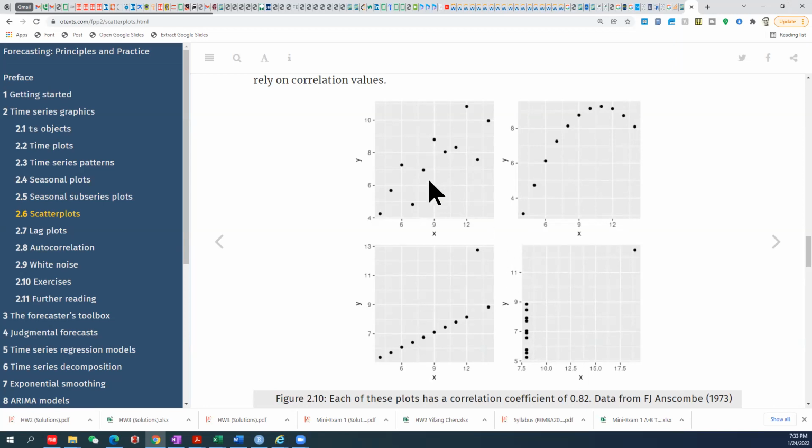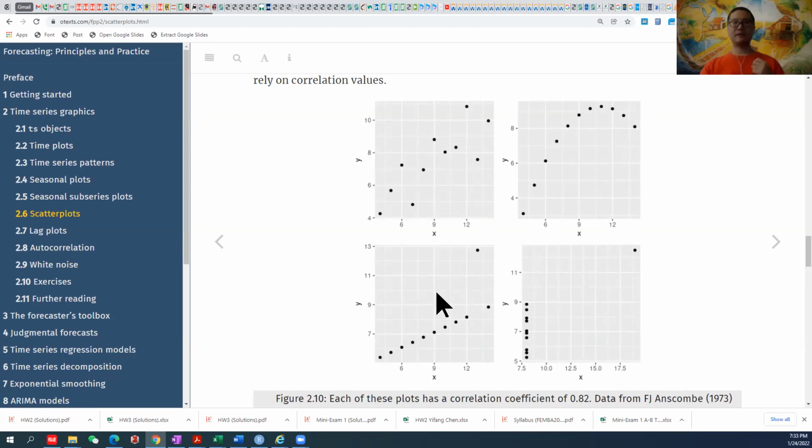Okay, I see. Yeah, if we compare plots 1 and 3, the upper left and the bottom left, we will find that if we run a regression model, they would give us different coefficients. But they also tell us that the strength of the linear relationship is somewhat different.